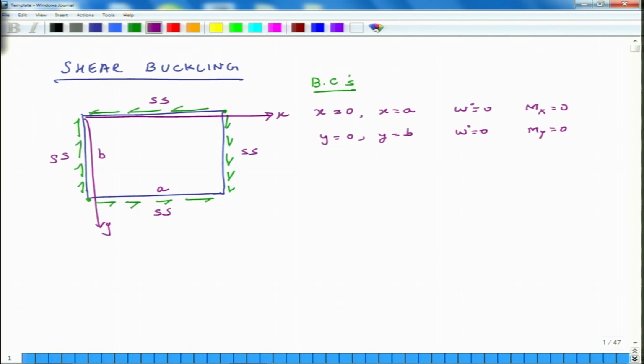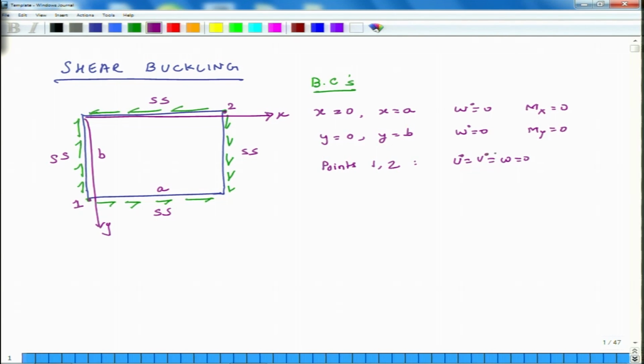But the other extra condition I am going to specify, so that buckling actually happens, is that I am going to pin these points. Let us call this point 1 and this point 2. At point 1 and at point 2, u is equal to v is equal to w is equal to 0.